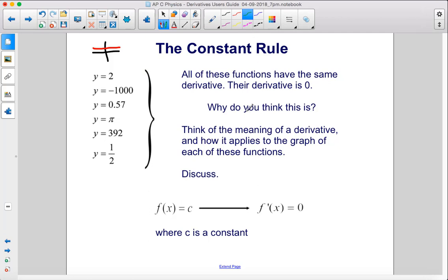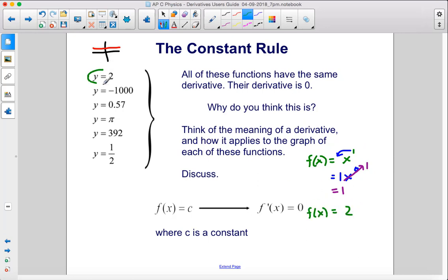That would be one way to figure out that the derivative of a constant is 0. Another way is looking at the power rule. If we had a function equal to x to the first power, which is just x, with the power rule you would take that 1, put it in the front, so you would have 1x to the 0 power. That would just become 1, so you'd be left with 1. But imagine your function was f of x equals 2.